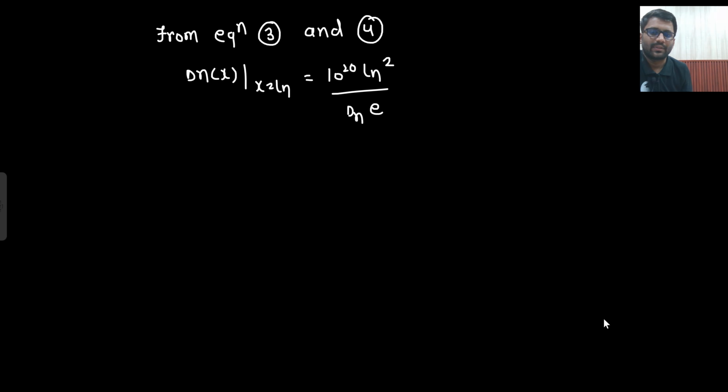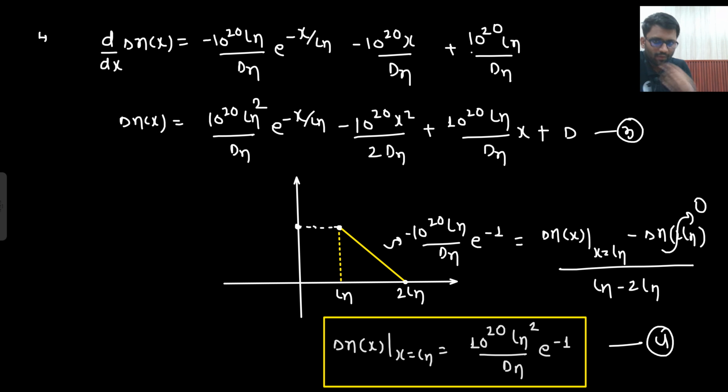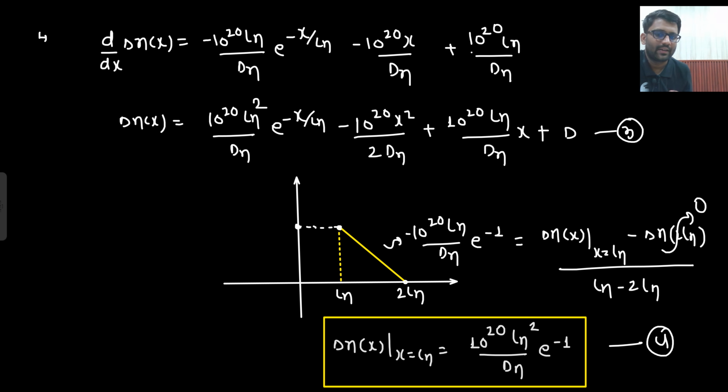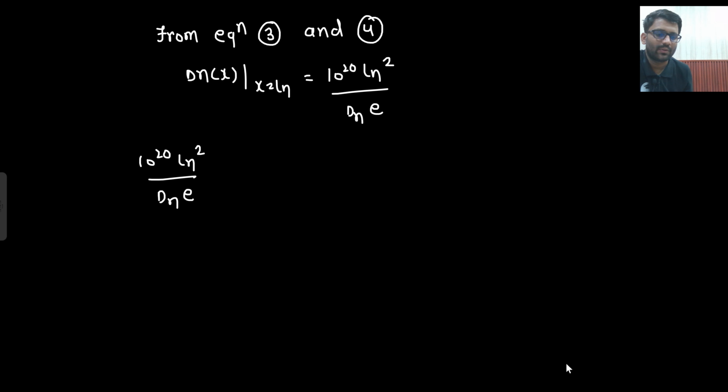I have put it in this manner. If I put ln, what do I get? 10 to the power 20 ln square by dn e, because here if I put ln, the same thing I will be getting, minus 10 to the power 20 x square by 2 dn.